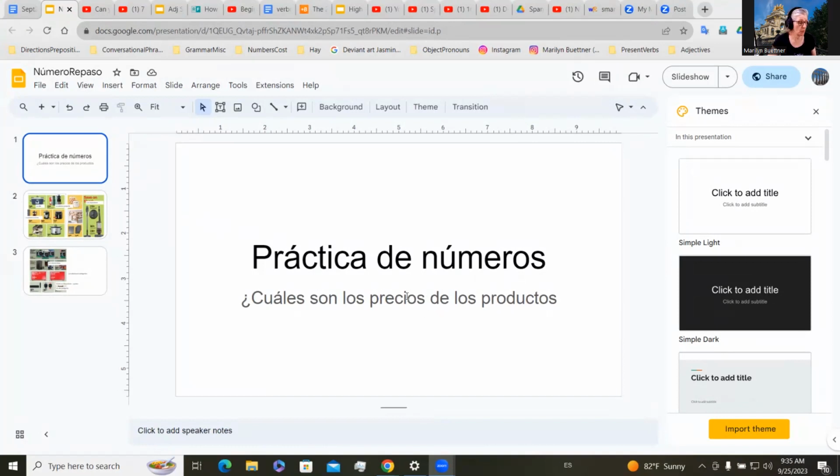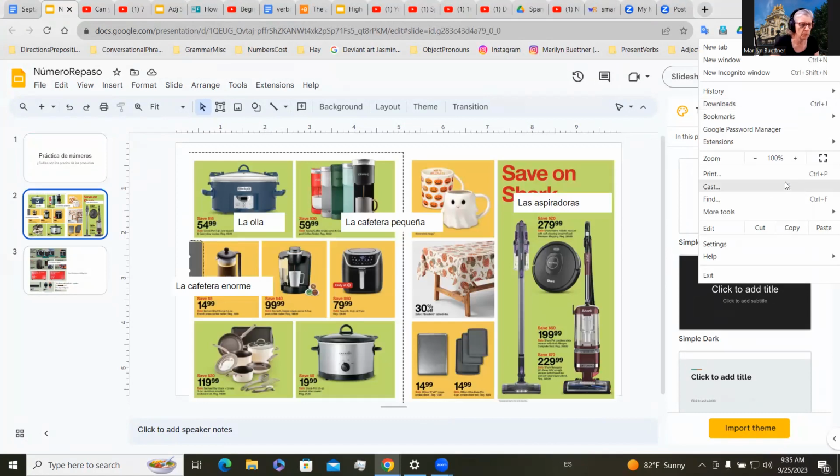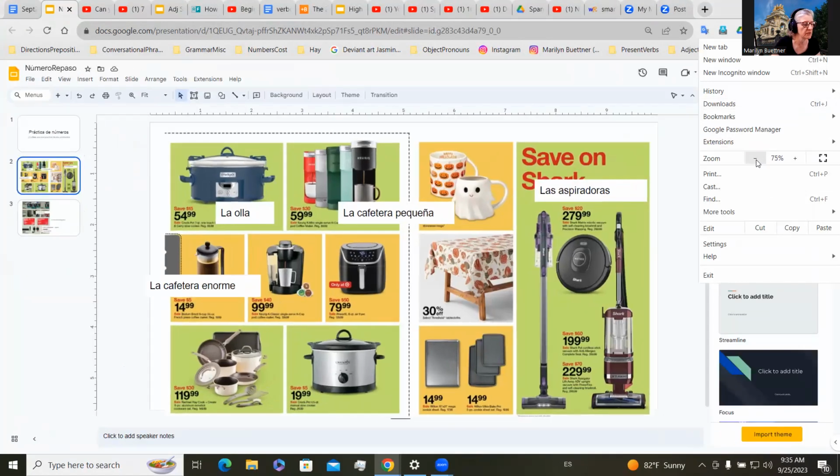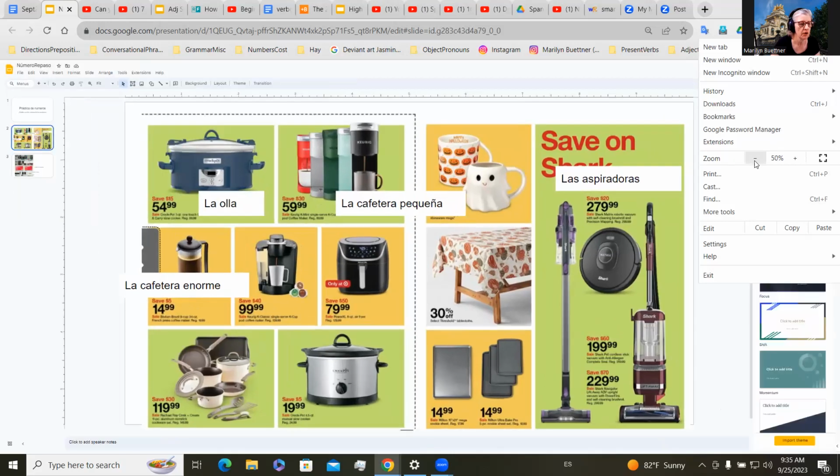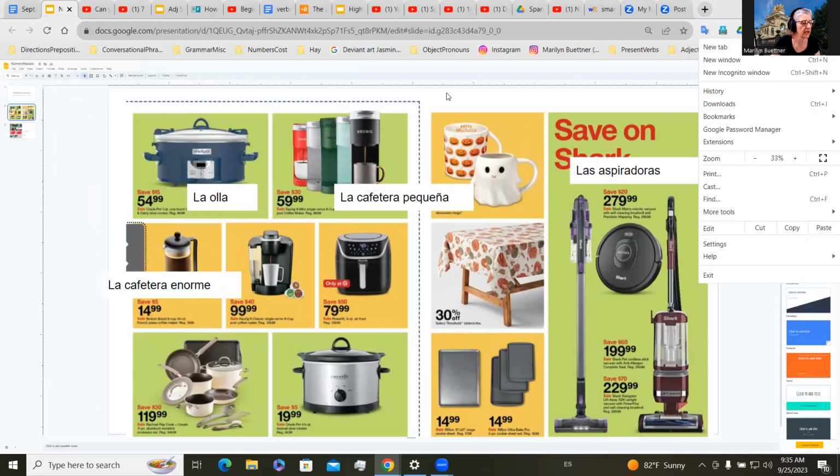Un uso muy común para los números, a very common use for numbers, es hablar del precio de una cosa, de hablar de los precios. Y vamos a ver si ustedes pueden adivinar, if you can guess, ¿sí? Cuáles son los precios de los productos. Y voy a engrandecer esto un poquito más para que puedan ver aquí. Bueno, ok, a ver.